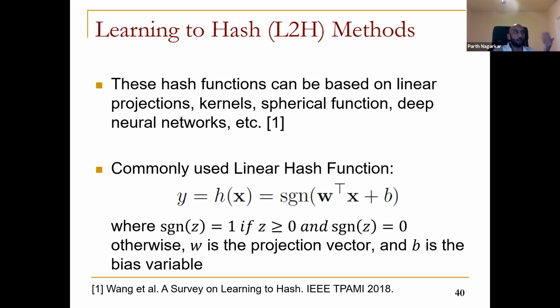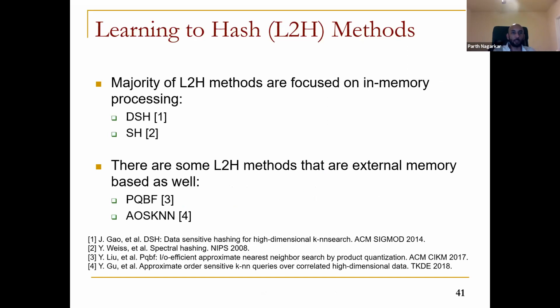So then, is this always going to be better than LSH? Again, this depends on your application. Is it in memory or external memory? While the majority of these learning to hash methods are focused on in-memory processing, there are recently some papers that have started to show external memory implementations for these trained learning to hash methods as well.